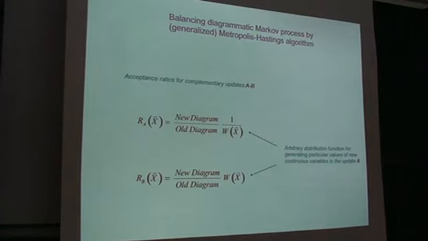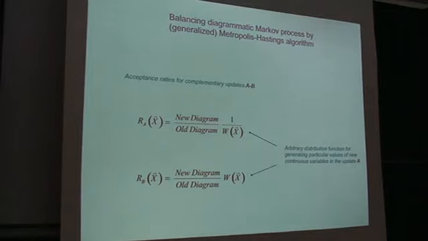So basically it's a ratio of very few new propagators or old ones. And here comes this function which we use to seed the new variables. And whenever we remove this element in a complementary update, the structure is the same, but now this arbitrary function enters the numerator.